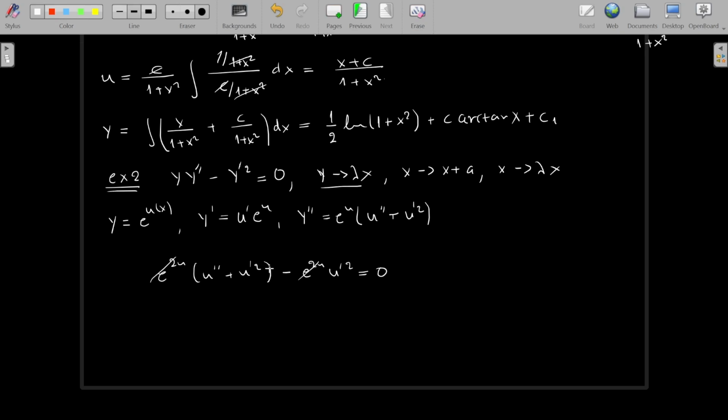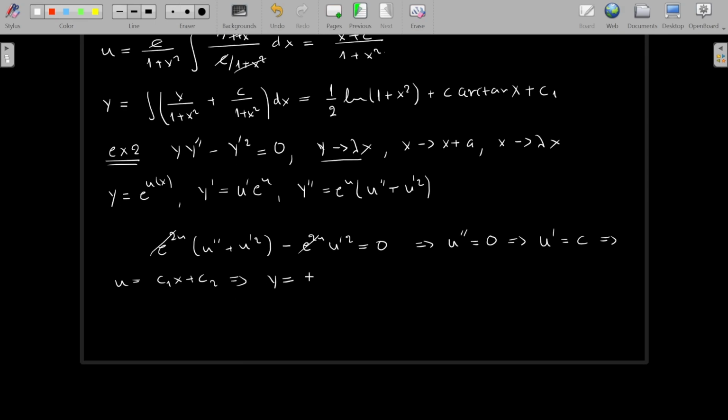This goes away, and also this cancels, meaning that the second derivative of u is 0, or the first derivative is just a constant, or u is just this guy here, meaning that y is nothing more than a constant times e to another constant times x, right?